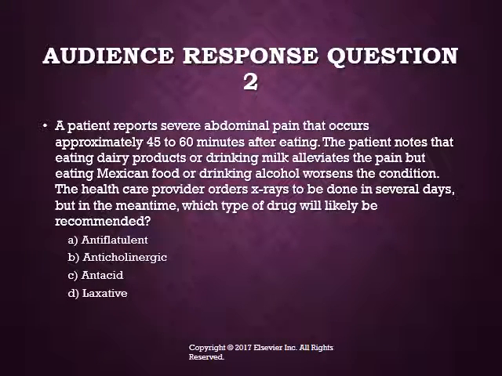A patient reports severe abdominal pain that occurs approximately 45 to 60 minutes after eating. The patient notes that eating dairy products or drinking milk alleviates the pain, but eating Mexican food or drinking alcohol worsens the condition. The healthcare provider orders x-rays to be done in several days, but in the meantime, which type of drug will likely be recommended? So the correct answer is C, antacids.